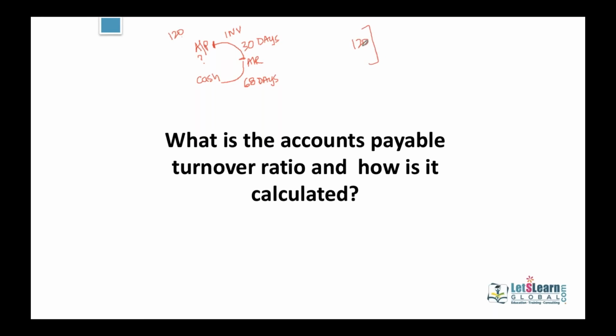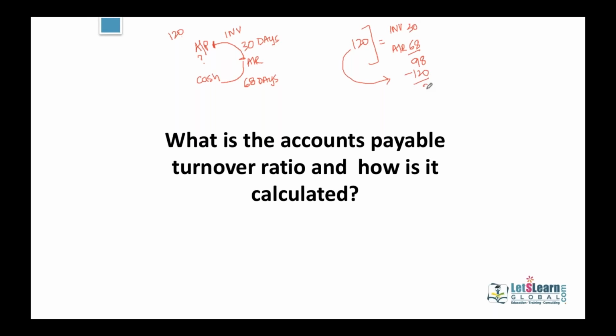So whether this is correctly paid on time or not, let us reconcile here. Inventory was sold in 30 days and accounts receivable collected money in 68 days. Total 98, and our supplier is giving us 120 days.